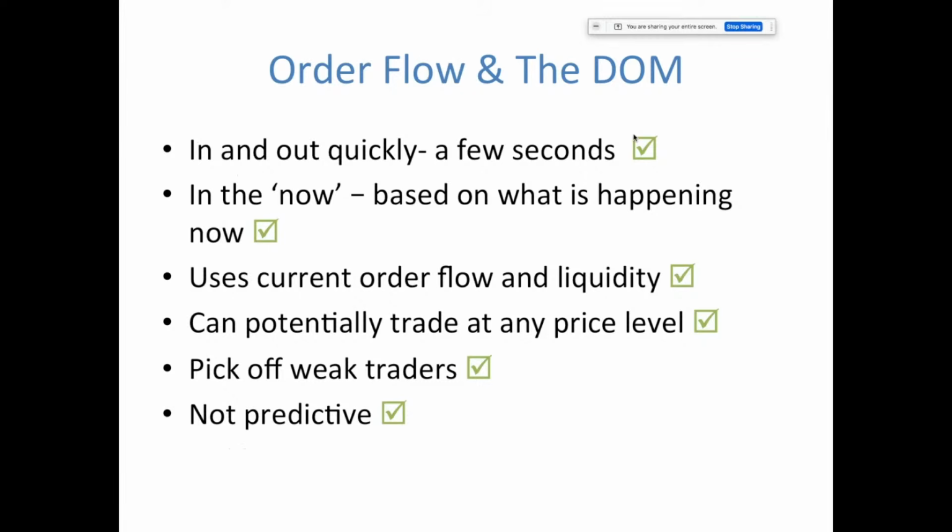The DOM just shows us current order flow, current liquidity. It's fantastic. This is what we wanted, this is why we have it. With the DOM, we can potentially trade at any price level, particularly as it is now. I went through the history of the DOM last time, and I explained to you that that wasn't possible with the very first trading platforms.